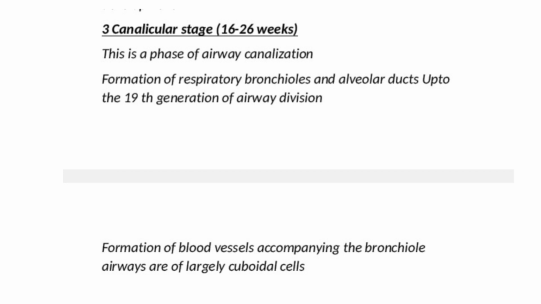At this stage, there is formation of respiratory bronchioles and the alveolar ducts up to the 19th generation of airway division. The first phase was up to the 16th. Therefore, at this stage, there is formation of respiratory bronchioles from the 16th generation of airway division up to the 19th generation of airway division.